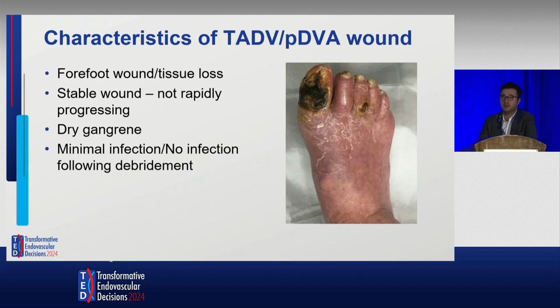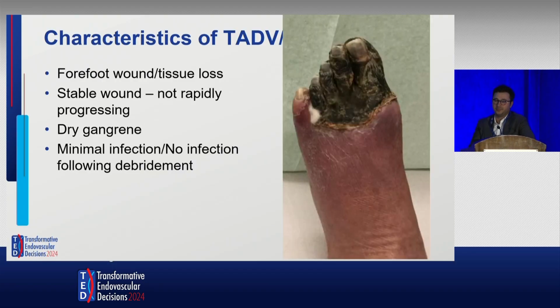Right, so you can see here, this is isolated hallux gangrene. This is a pretty stable appearing wound. It's not wet, it's minimal, and it doesn't look like there's that much infection, right? Or if there is infection in there, it looks like that type of infection would be able to be dealt with a simple foot debridement. This is slightly more extensive. When I look at this foot, I'm thinking, best case scenario, this patient's going to heal a TMA.